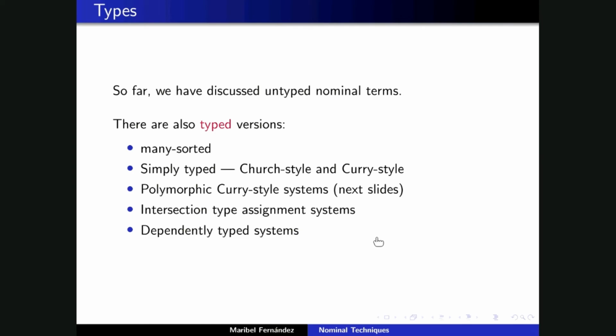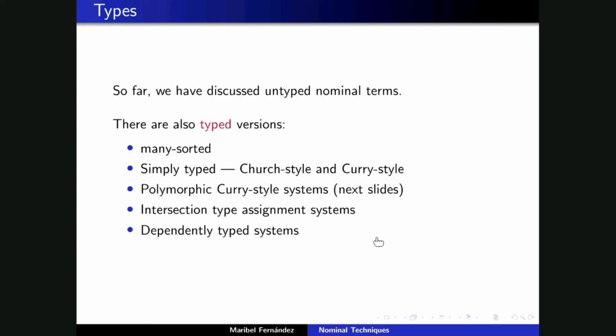So intersection types are quite interesting. And these same techniques have been extended to nominal terms. I don't know if I put the reference in the further reading list, but if you're interested, I can give you a pointer to that.